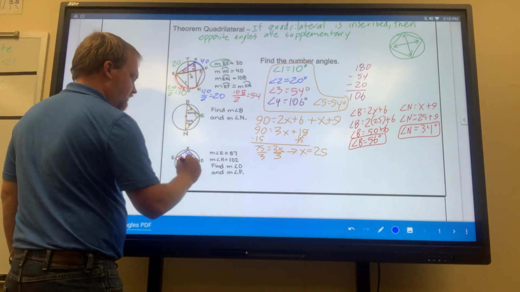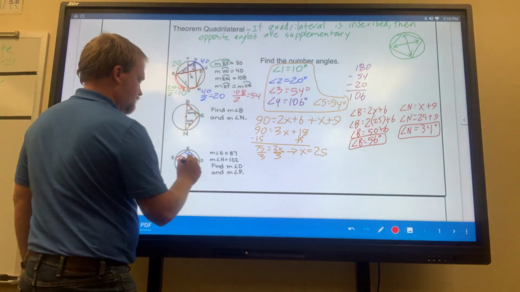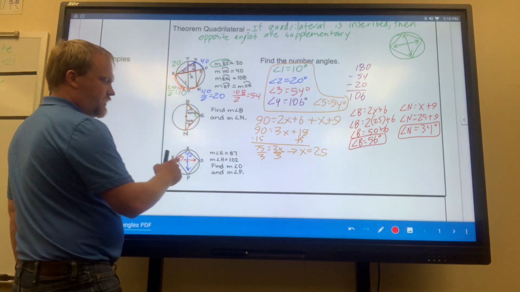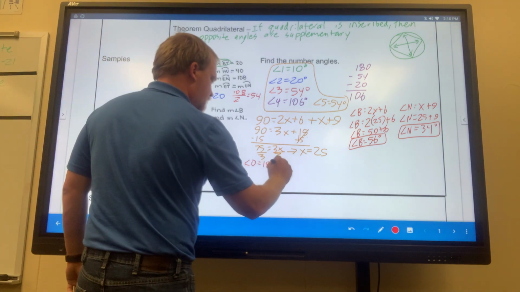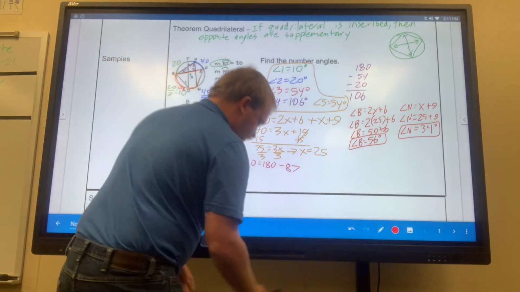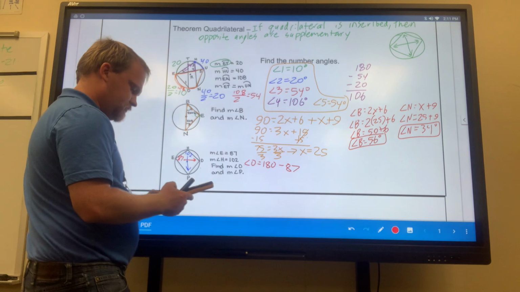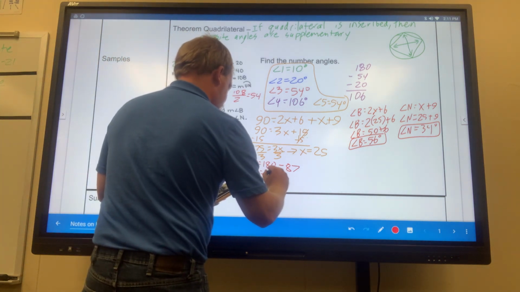I know that these two are supplementary. So for O, that's 180 minus 87. Angle O is 93 degrees.